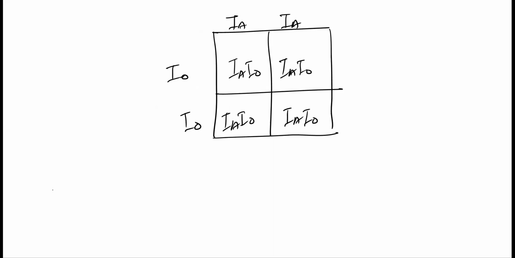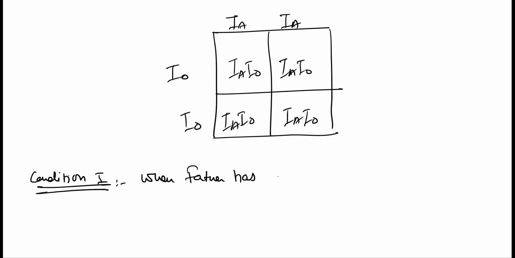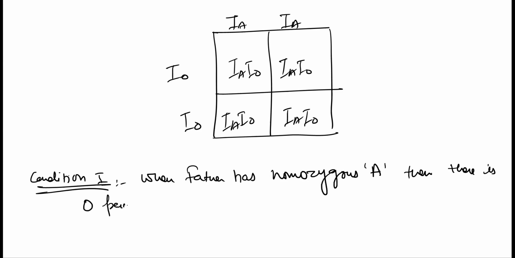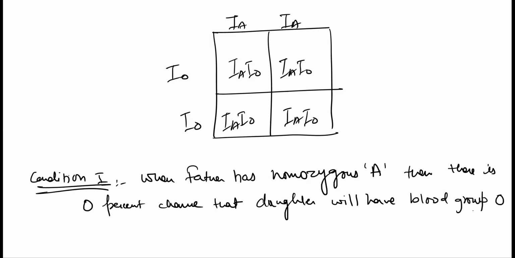Condition 1, when the father has homozygous A, then there is 0% chance that the daughter will have blood group O. Got it?